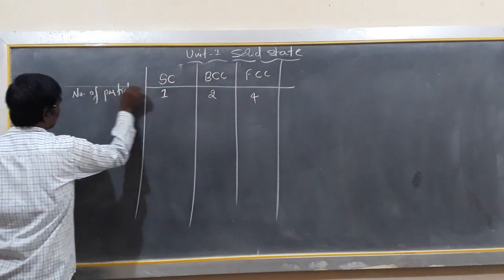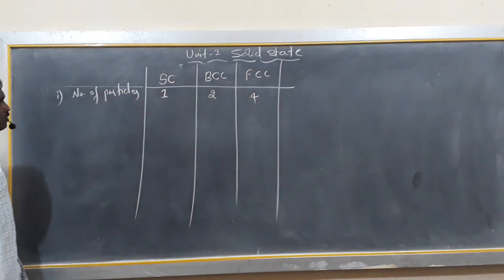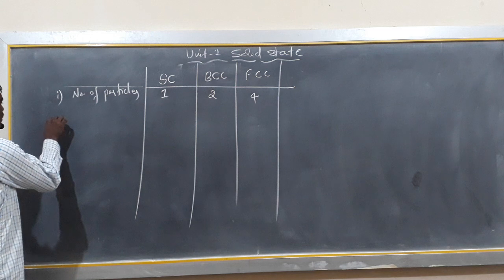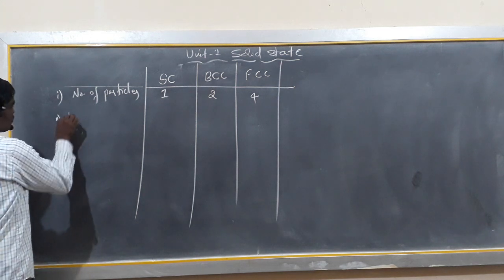So these are the parameters. The first parameter is the number of particles, and the second one is lattice points.